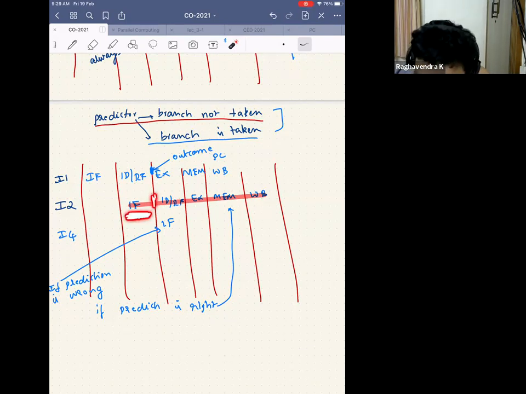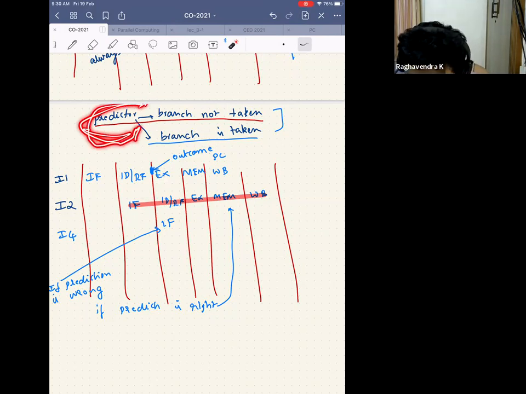There's a stall here, and there's no point in predicting something here, because I already know the outcome. It is like predicting whether India won a match against New Zealand. It makes sense if I predict before the match has happened. But after the match has happened, if I predict, then I am the dumbest person on earth, right? I don't need to predict, because I already know the outcome, which means there is nothing called a predictor which says the branch is taken.